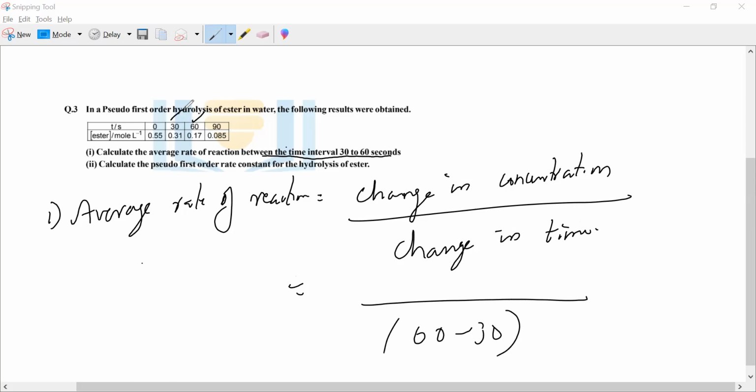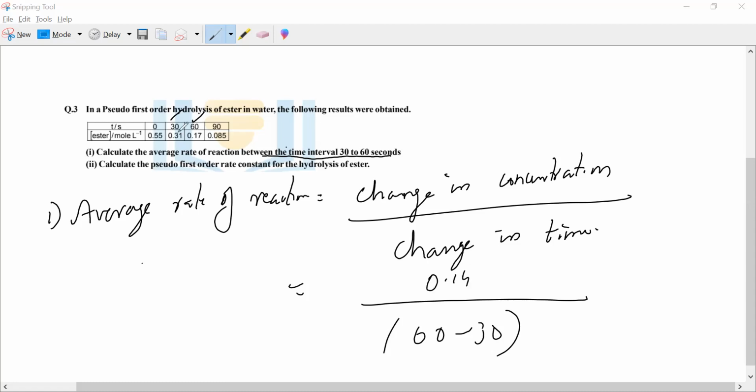So change in concentration is basically what? 0.14. Correct.